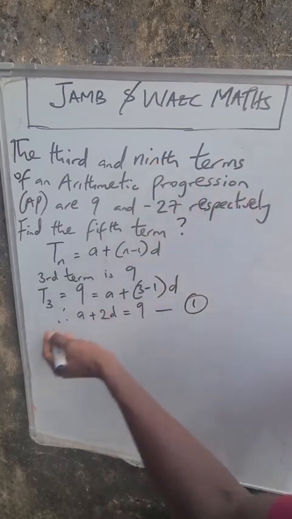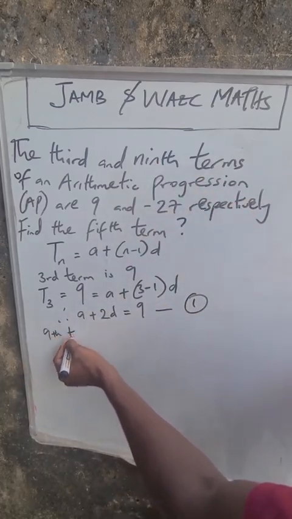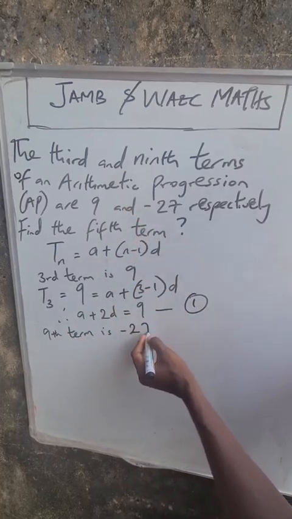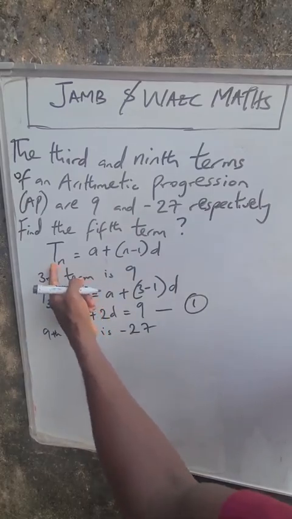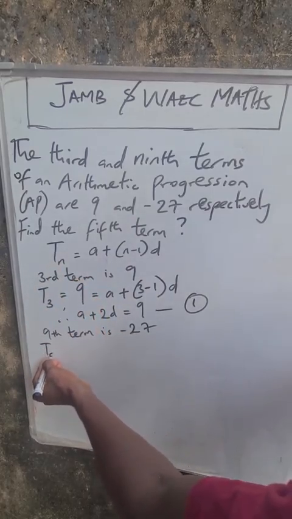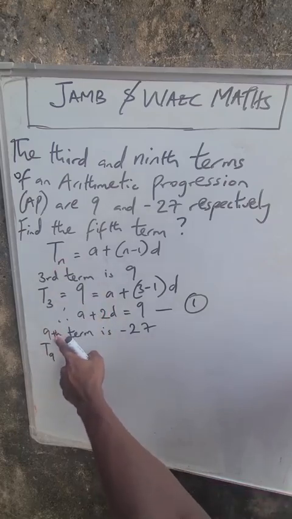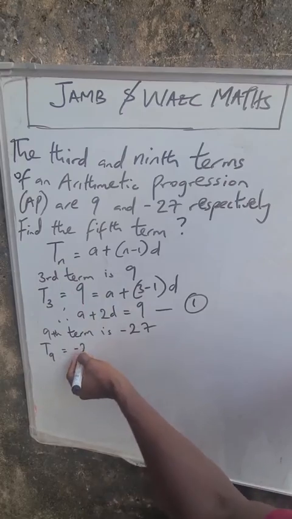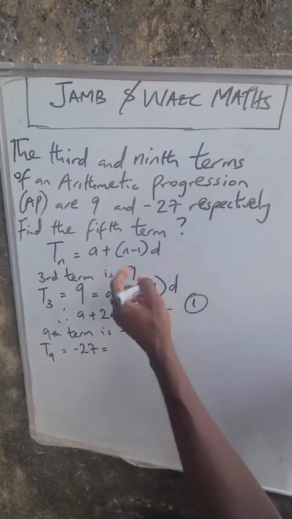The ninth term is minus 27. And what does that mean? It means t sub 9, because in this case our n is 9, is equal to minus 27, and this is equal to a.